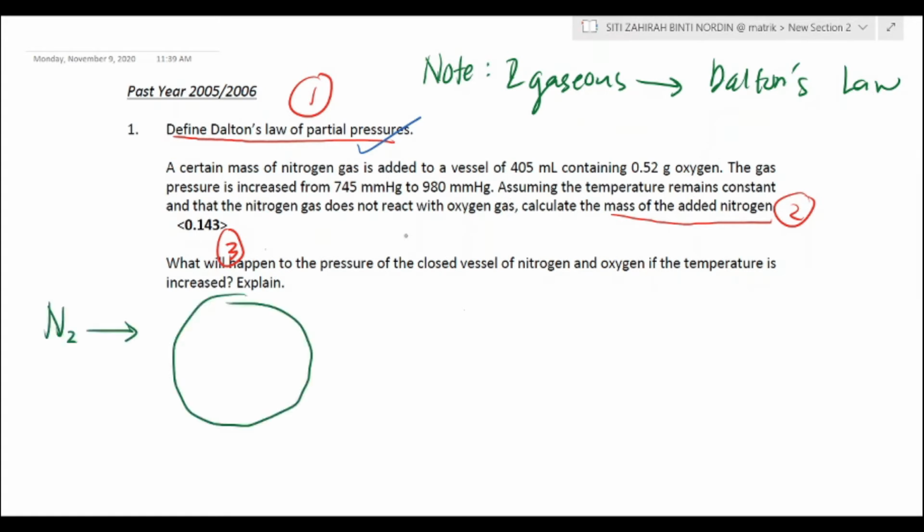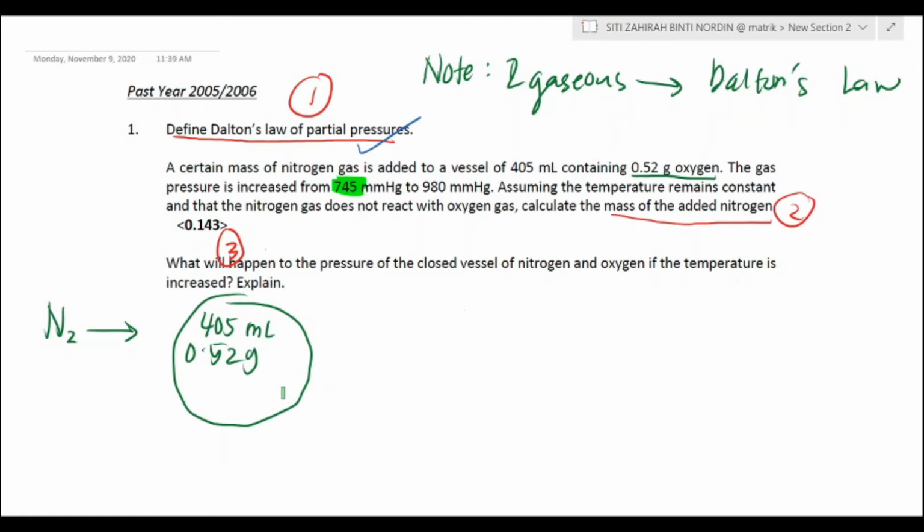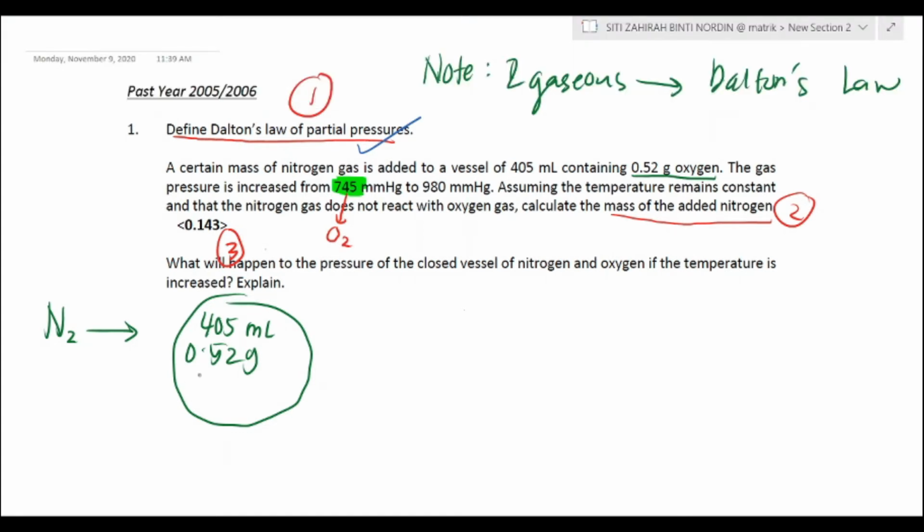Of 4 or 5 ml containing 0.52 gram oxygen, the gas pressure is increased from 745 to 980 millimeter mercury. Note that the 745 is the initial pressure in the vessel, which only contains oxygen firstly. So this 745 is the pressure for oxygen.